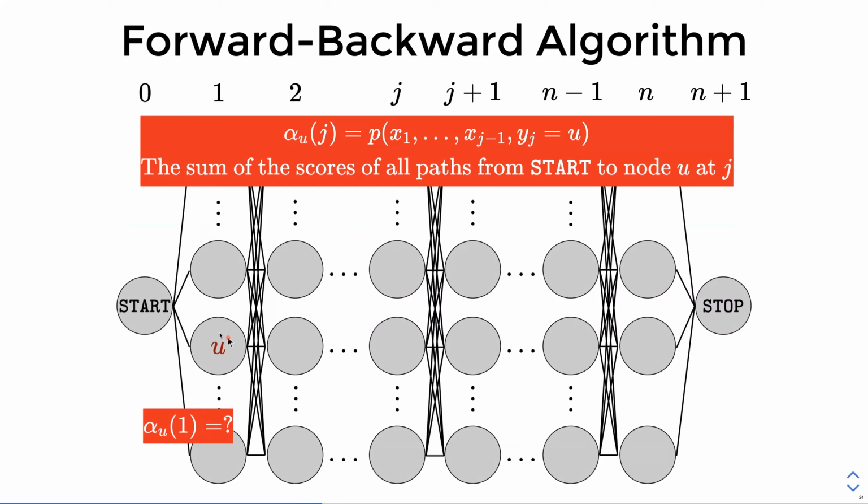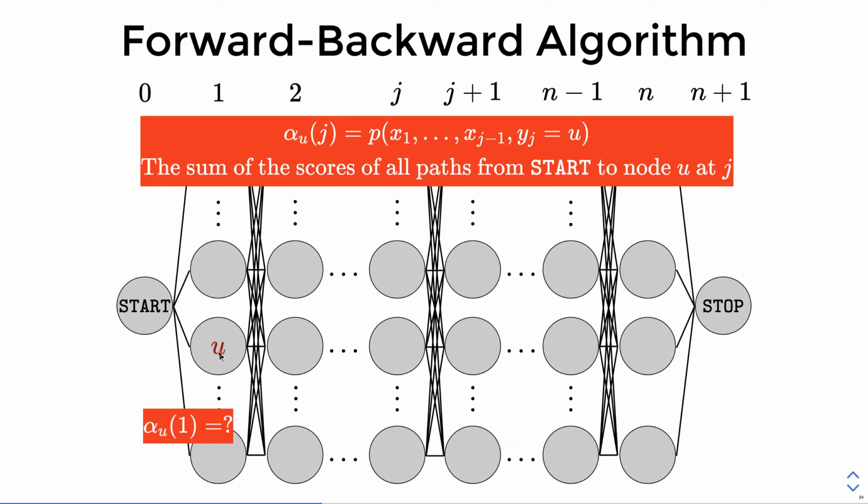We know the semantics of the score: it should be the sum of the scores of all the paths connecting start and this node. How many paths do we have? Just one path. So what should be the score? Naturally there should be a transition from start to u.